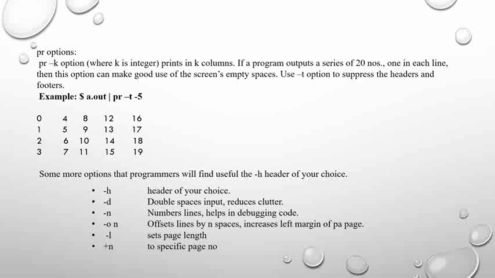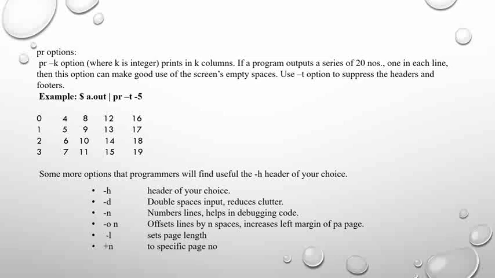Now see the example. I'm using this PR command to add a file by the name a.out, and you can see the pipe, which is called a delimiter. Filter commands expect the fields to be separated by this delimiter, and the PR command with this -t will suppress the header and the footer, and this 5 is nothing but the k option, which is an integer.